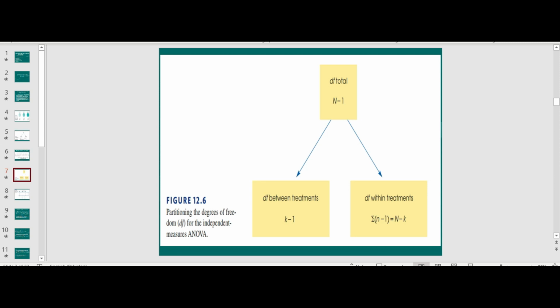To find DF between, we simply count the number of treatments and subtract 1 from that, because the number of treatments is specified by the letter K. The formula for DF between treatments is K minus 1.